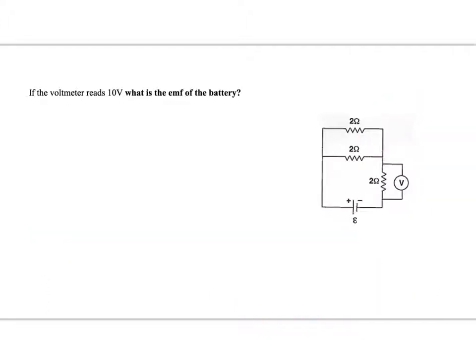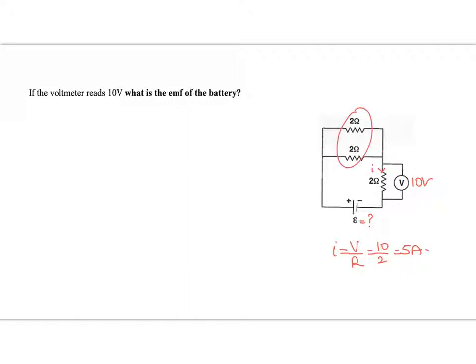Another example, here we have the voltmeter reading 10 volt. The electromotive force, the potential of the battery is asked. So I can find the current passing from 2 ohm. The current is equal to potential over resistance, which is equal to 5 ampere. Now I'm going to find the total resistance.